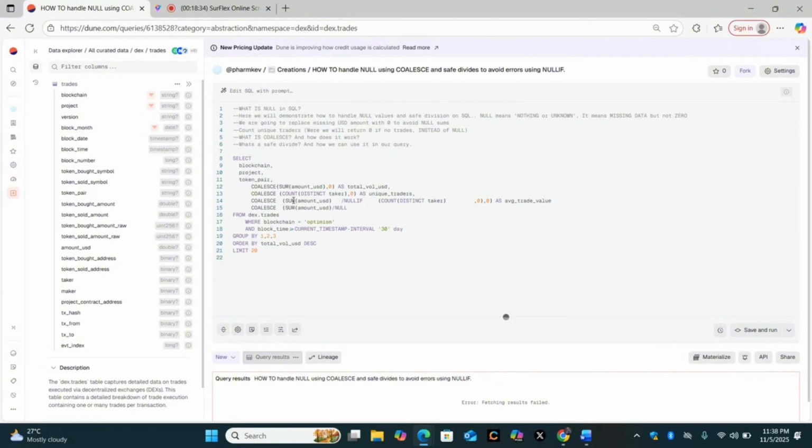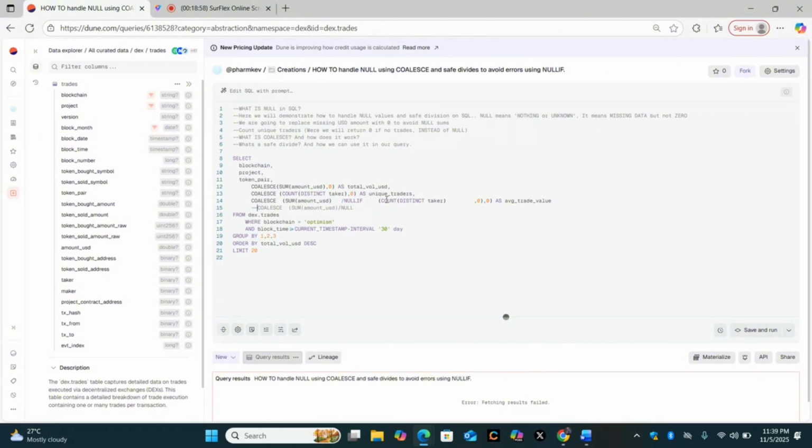Because if this is a value, maybe 10,000, 10,000 divided by 0 will give us an error, so it can't give us a perfect result. So if this is 0, impute null.